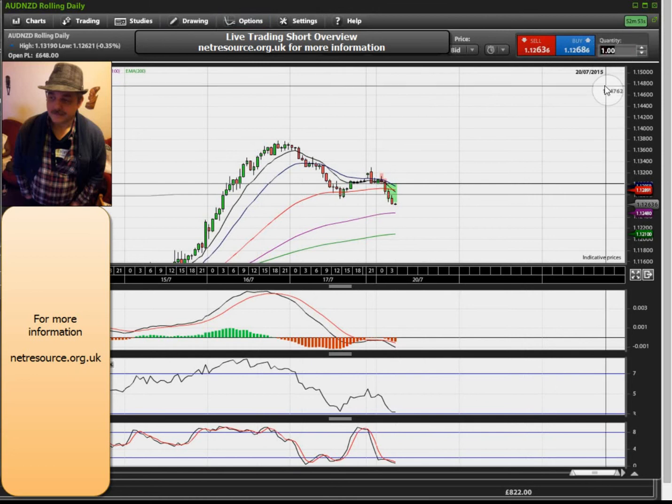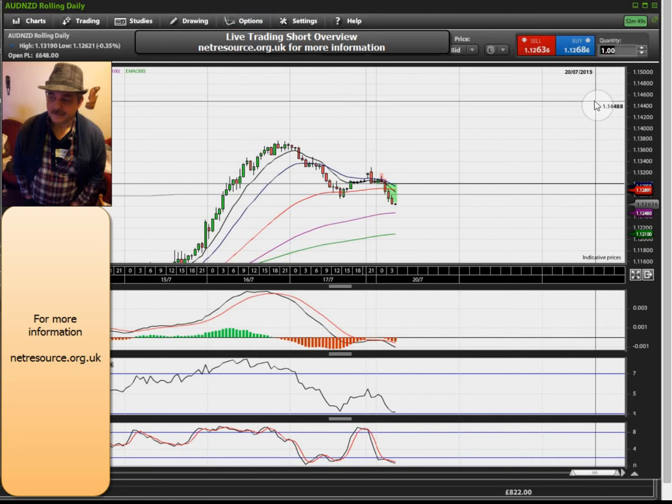Just showing you now how to take the money off. You can simply open up your trade tickets there, and as soon as you press the button, if you look on the left hand there where it says 648, you'll see that go down.